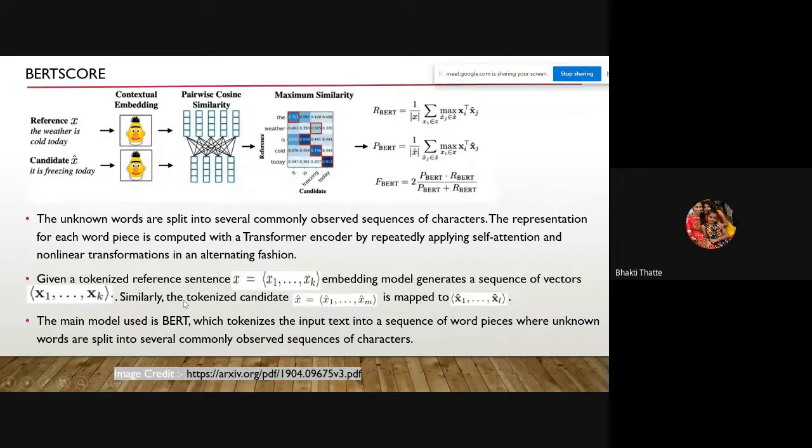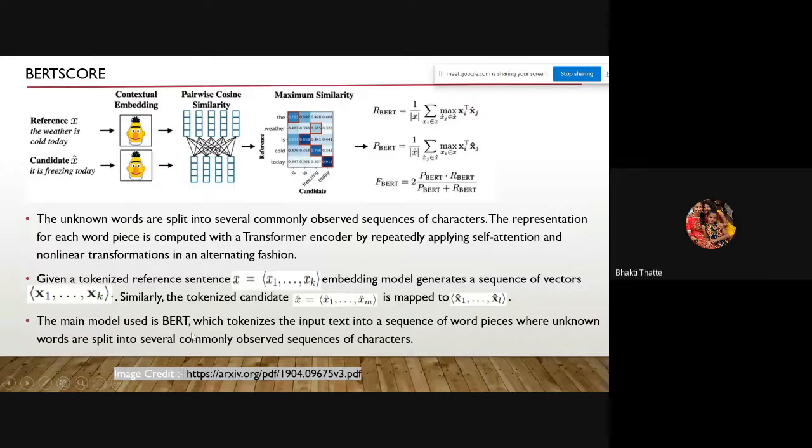Given a reference sentence X, here X is "the weather is cold today," the model generates a sequence of vectors. So after embedding, the sequence of vectors x1 to xk will get generated. And similarly the candidate sentence X cap, "it is freezing today," will get converted to x1 cap to xl cap. So vectorization happens here.